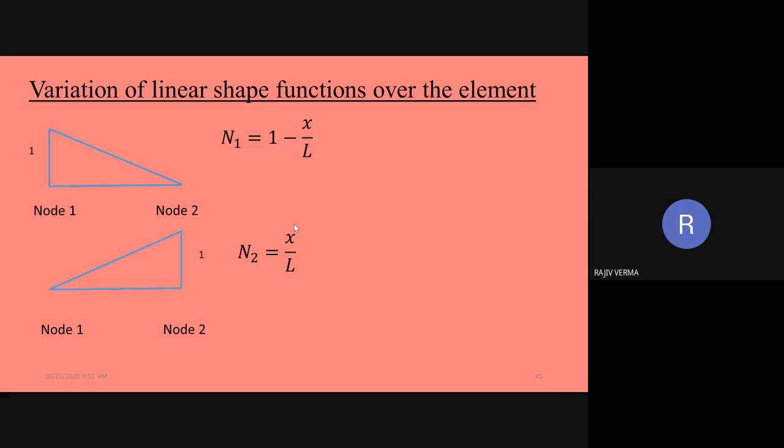In one dimension, I can have a 3-noded element, a 4-noded element, and things like that. In 2 dimensions, we are going to talk about area elements such as a quadrilateral having 4 sides or a triangular element having 3 sides.